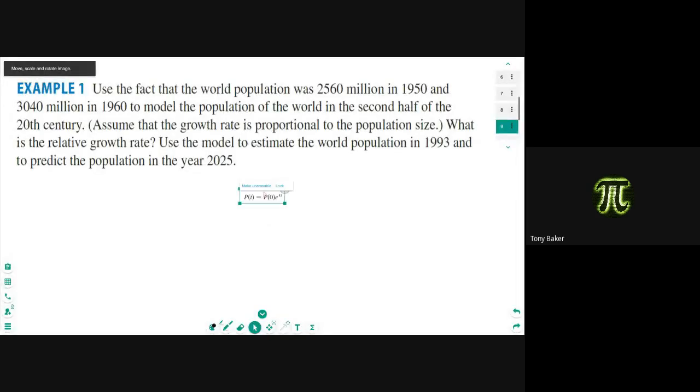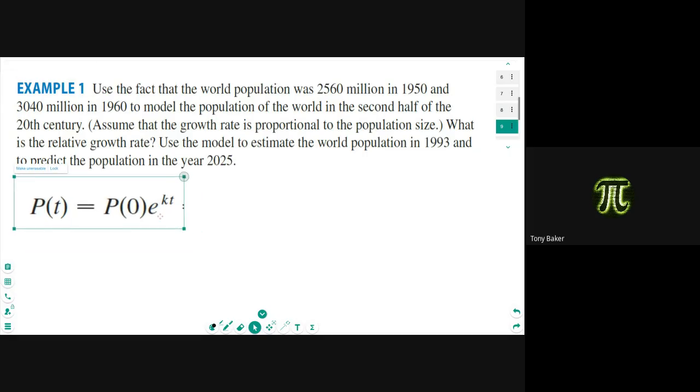All right, so we're going to use this equation. The world population was 2,560 million, or 2.56 billion, in 1950, and 3,040 million in 1960. We want to use that to model the world's population in the second half of the 20th century, and then figure out the relative growth rate.